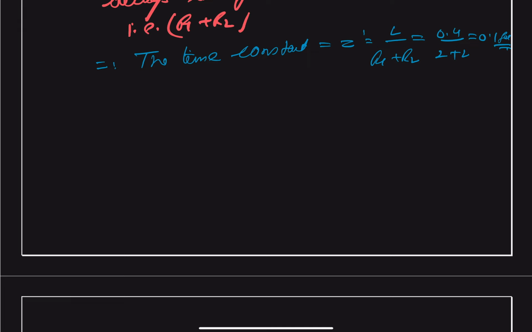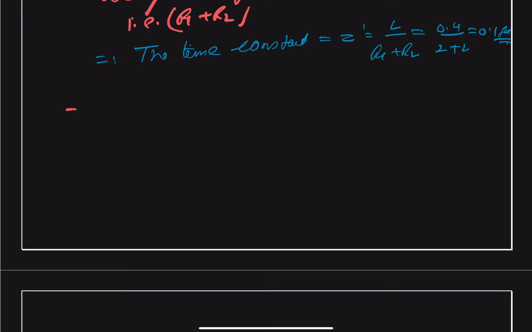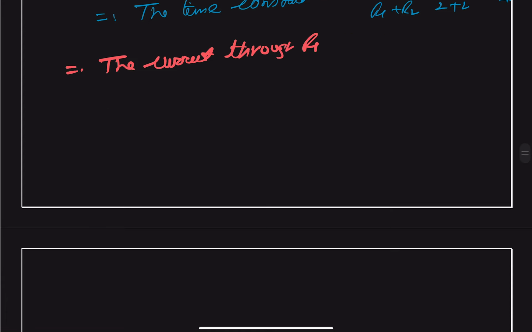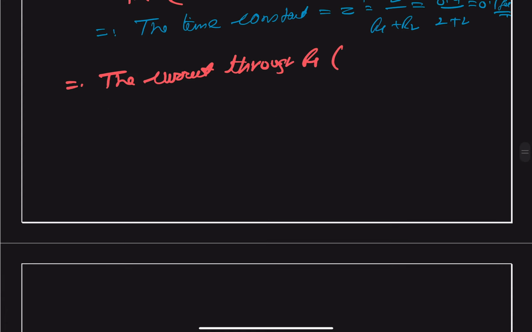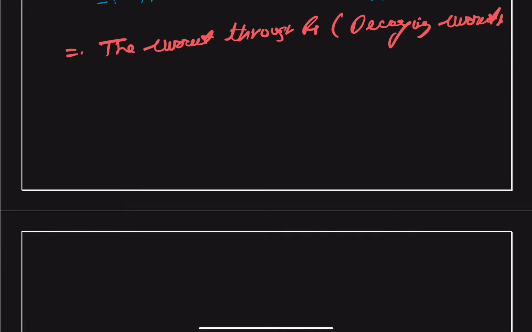Therefore, the current through R1, which will now be the decaying current, we can write the equation as IR1(t) is equal to IL0 e raised to power minus t upon tau prime.